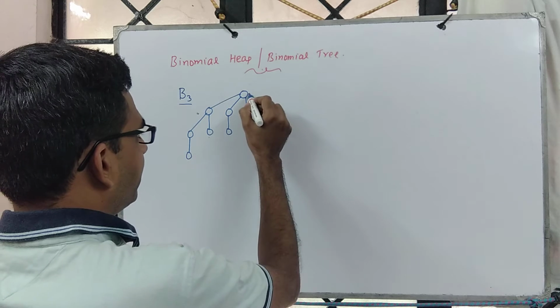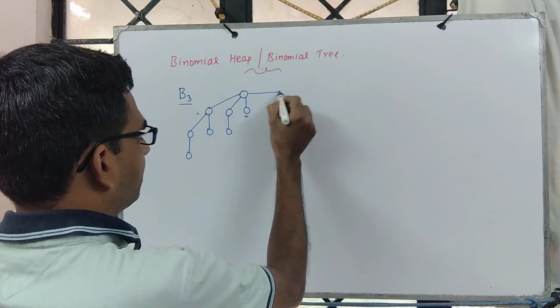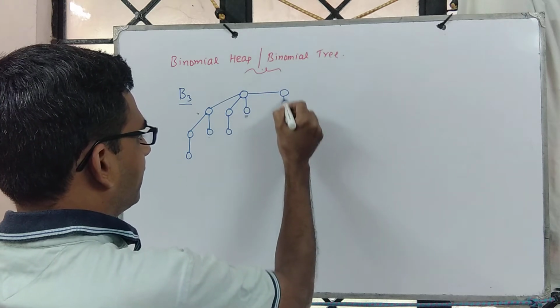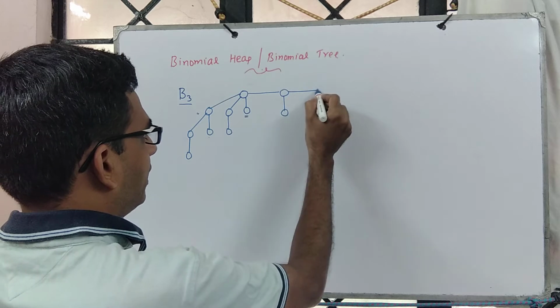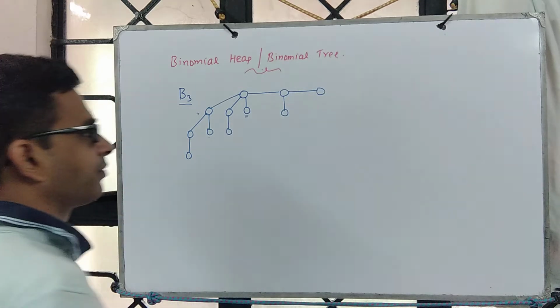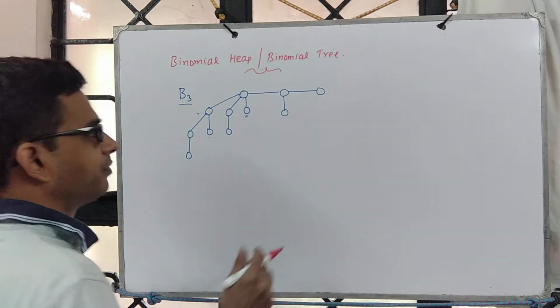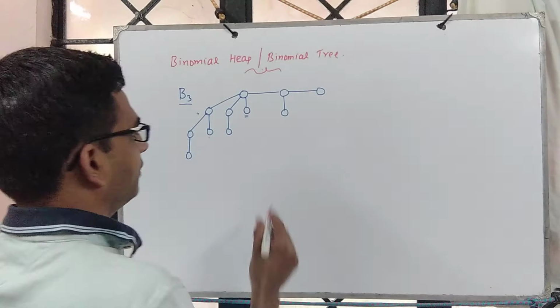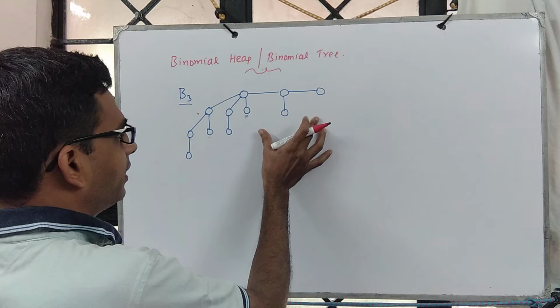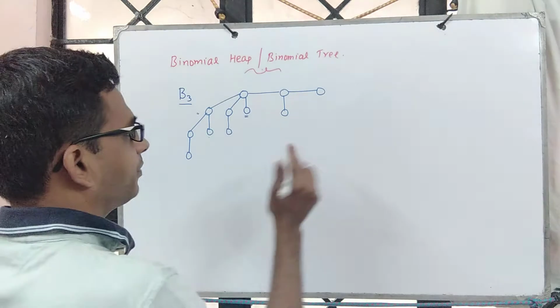Now, a binomial heap is a collection of binomial trees. Maybe along with that, you may add a B1 and a B0. Then something like this is given to you. Now you can fill in the values respecting the min binomial heap property.